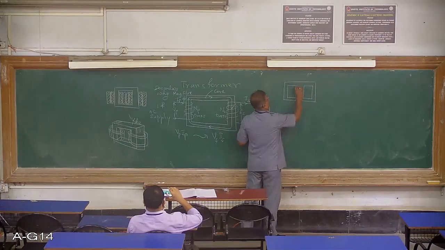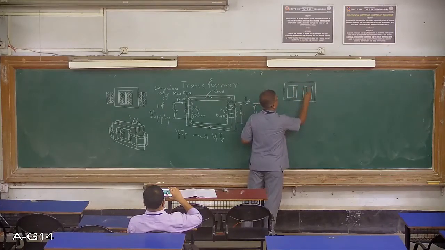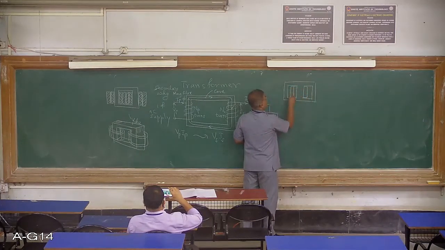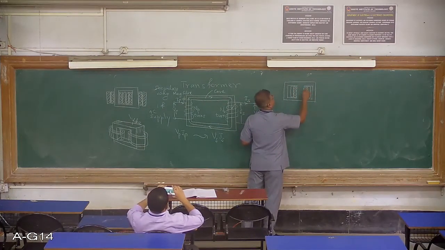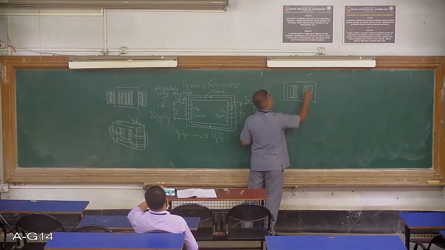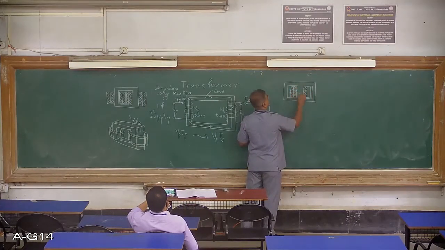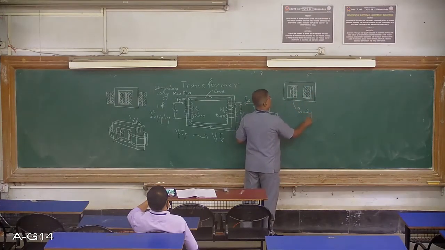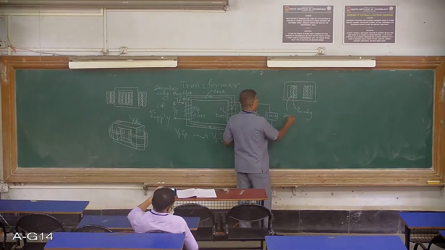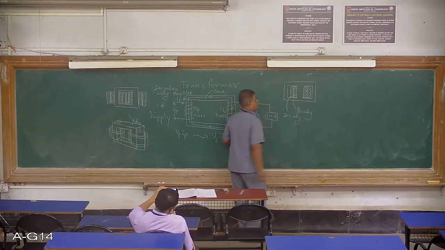And around this middle limb, the windings are placed. This is primary winding, and this is the secondary winding. So you can find this hatched portion as primary winding, and this is secondary winding.